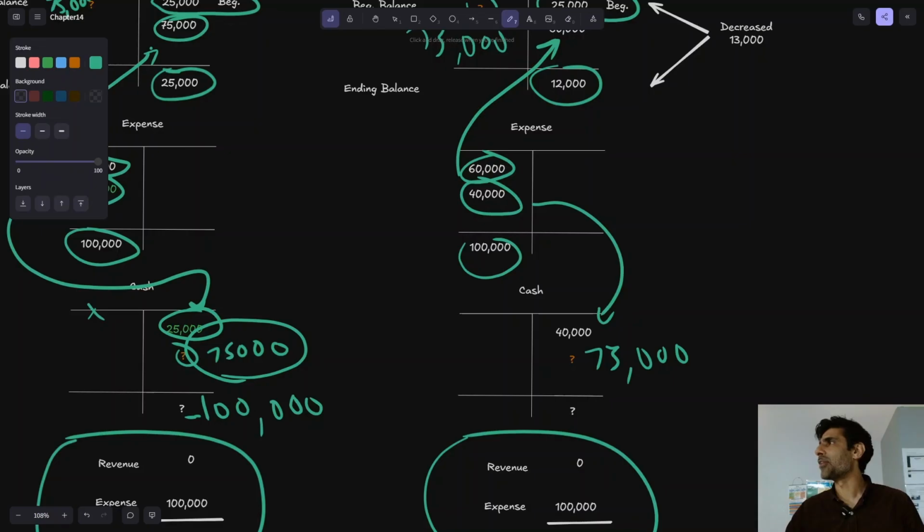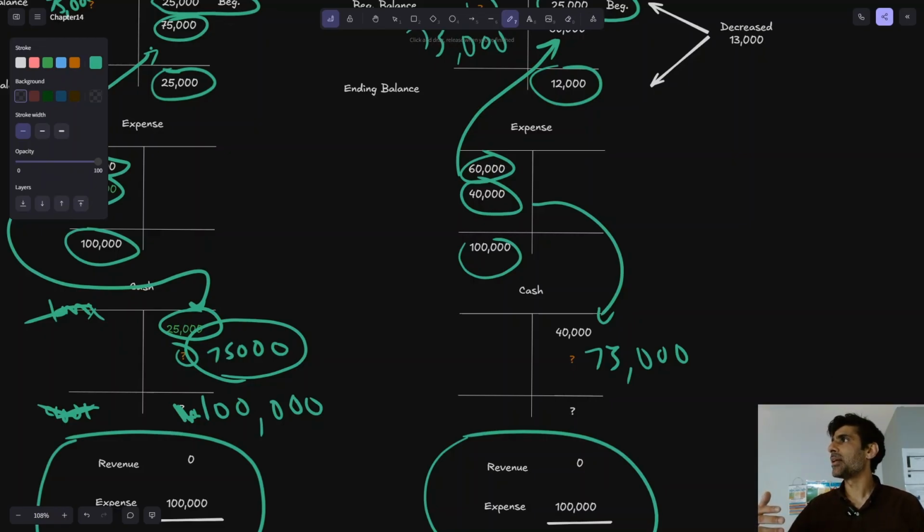You can't have a credit balance for cash, but I'm just trying to illustrate the change in cash, right? So this could have been $1 million, and now our balance is 900K. I just want to show you guys the change, okay? Because we'll have the beginning and ending balances, but I just want to show you how the change is calculated. So we're just going to have $100,000 decrease in cash.